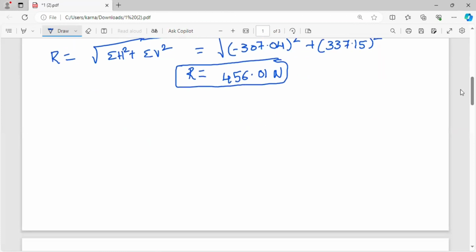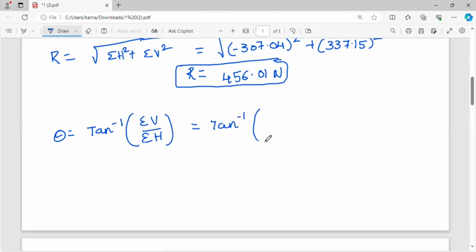Next, coming to the direction, having the relation theta equals tan inverse of sigma v by sigma h. So tan inverse of sigma v, 337.15, by sigma h, minus 307.04.